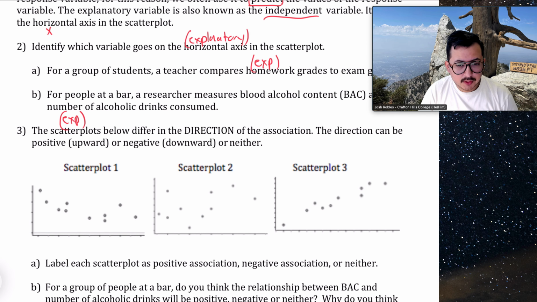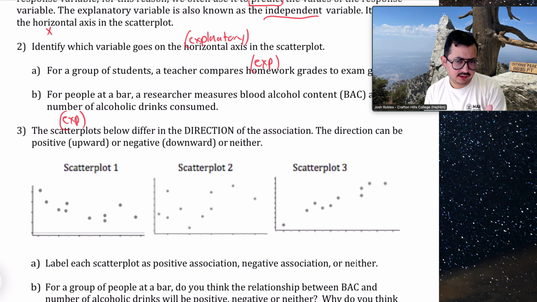Right, so there are three big types of categories we use to explain the association for scatter plots, which means for this type of data. Like the big three before was our shape, center, spread.